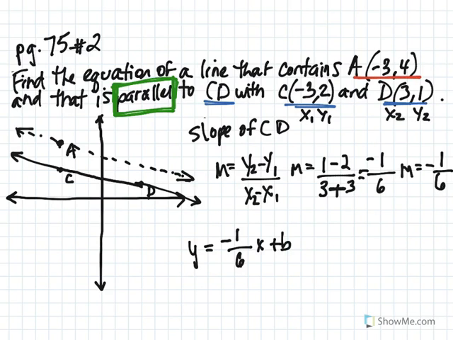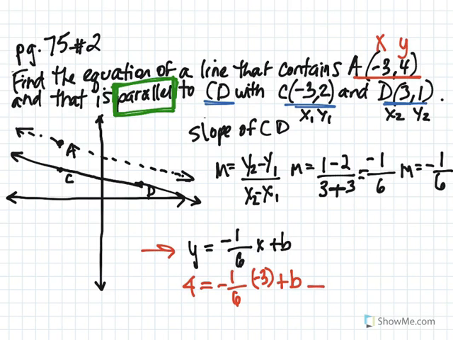So that's great. We're going to plug in negative 3 and 4, which are an x and a y value, into the equation down here. I'm going to get 4 equals negative 1 over 6 times x, which is negative 3, plus b.